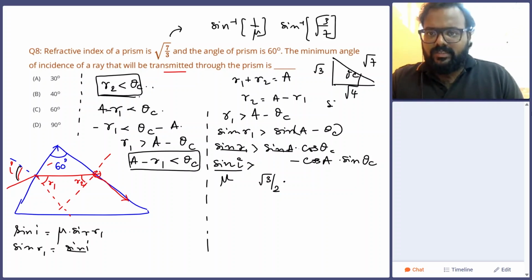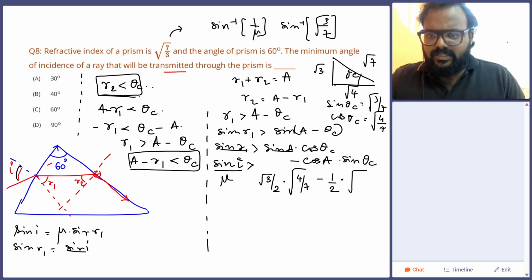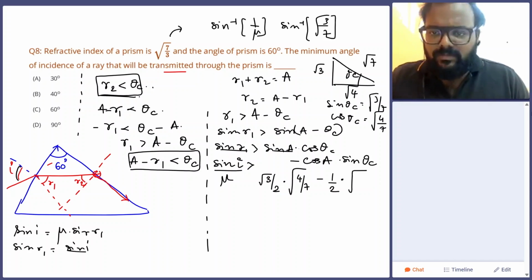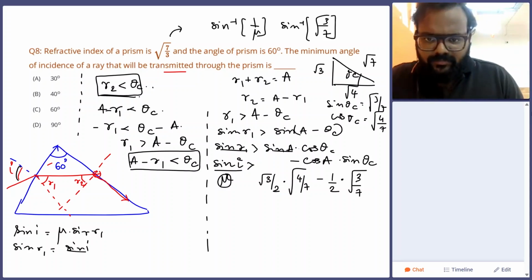So sine theta C is root 3 over root 7, but cos theta C is root 4 over root 7, isn't it? So it will become root 4 over root 7 minus cos A, which is cos 60, half, times sine theta C, which is root 3 over root 7. But this is 1 by mu, 1 by mu is root 3 by root 7.